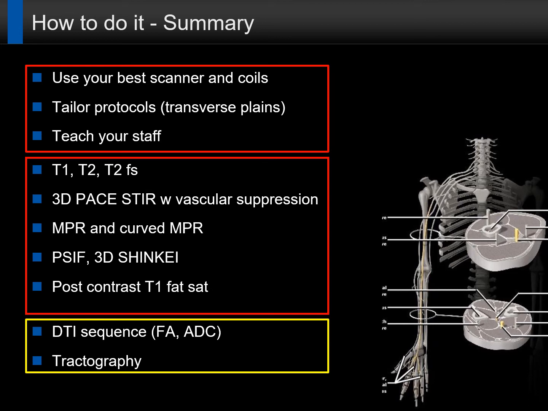I have taught our staff everything I know about anatomy, and I have my standard MRI sequences which I always use, and this yellow box here I only use very rarely in the clinical routine.